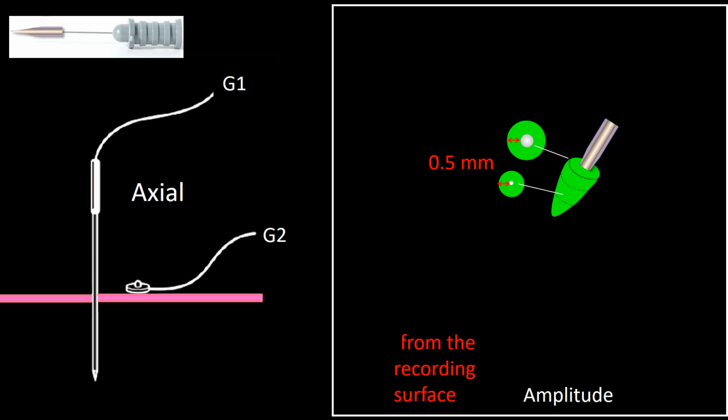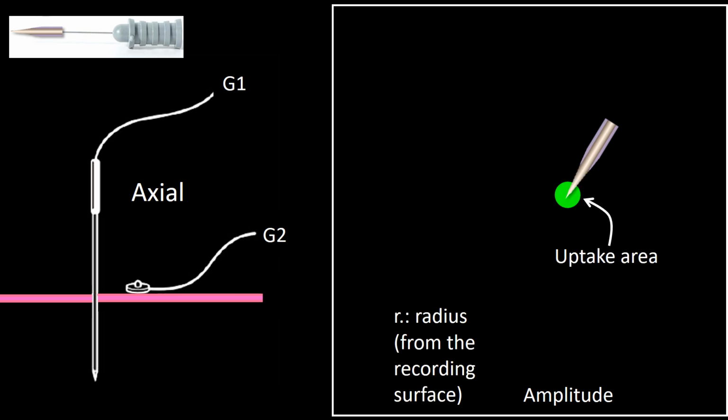Thus, the actual uptake area of the monopolar electrode reflects mainly the area of the lateral surface of a cone, as illustrated here. This shape is difficult to idealize for further explanation. Therefore, following convention, we will represent the uptake area as a circle and adhere to the same methodology when discussing other parameters of the motor unit action potential.